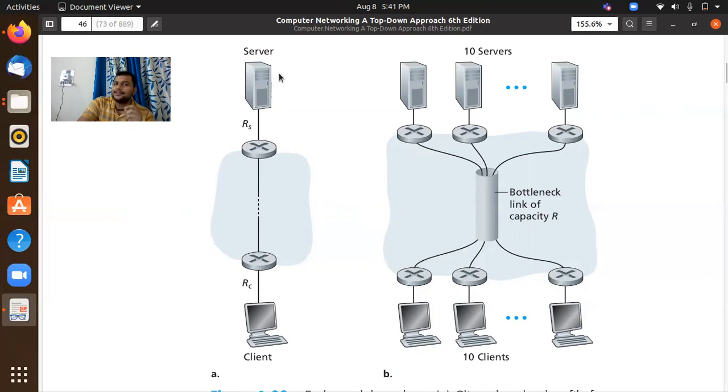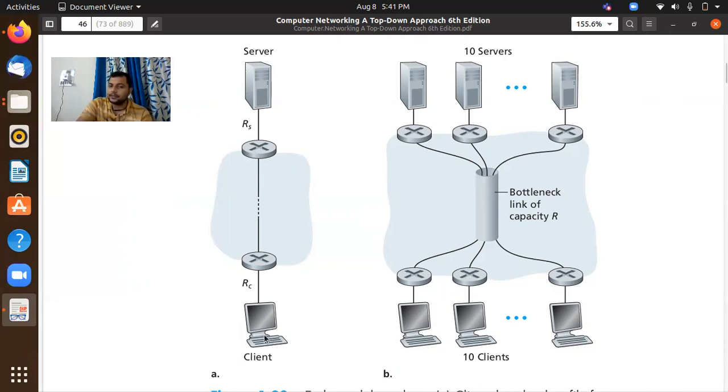And generally servers are also maintained by big organizations, so when they serve their clients through the network core, and access it through the access network, they subscribe to the highest bandwidth because they have to serve several clients across the world. So RS is not a bottleneck there either.